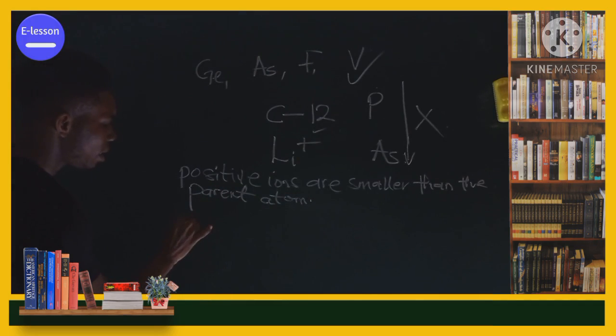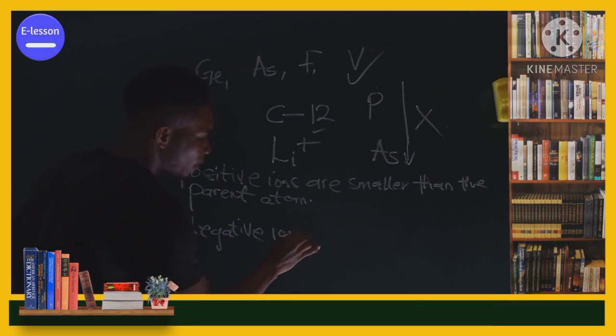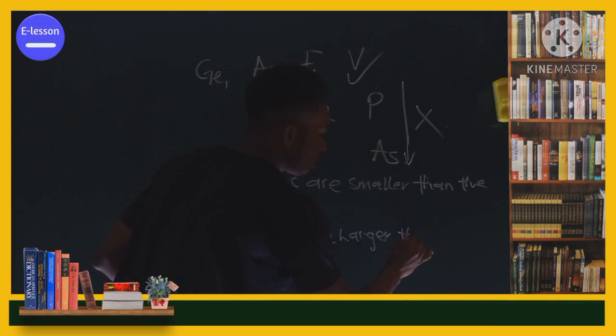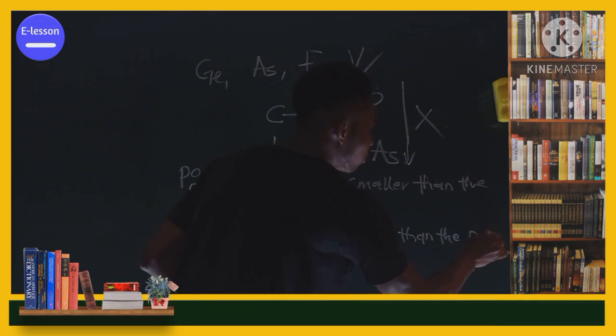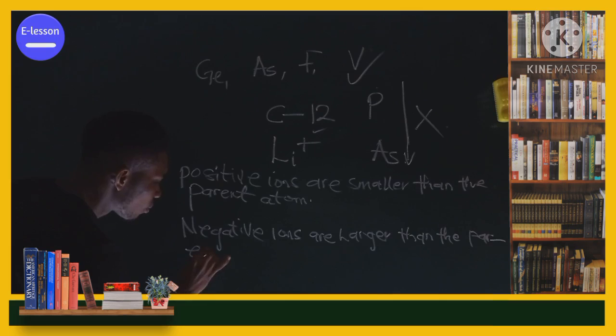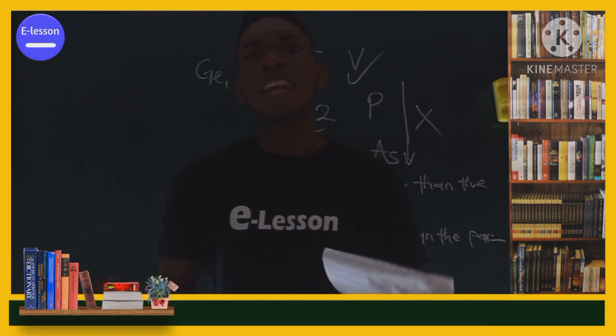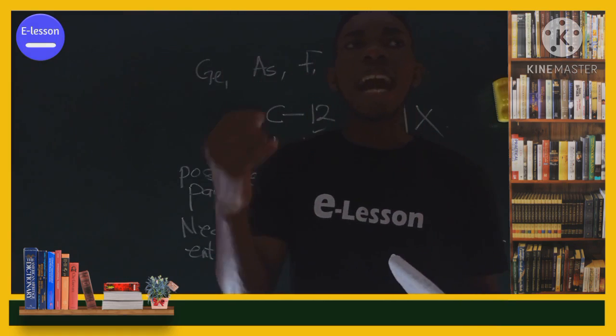Why are the negative ions larger than the parent atom? Positive ions are smaller than the parent atom and negative ions are larger than the parent atom.